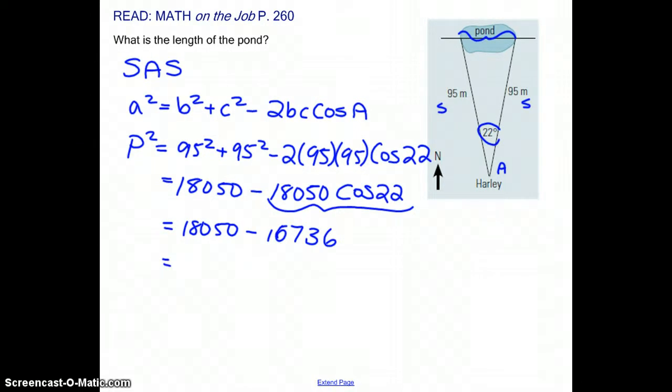After we subtract them, we get p squared equals 1,314, square root both. So the length of the lake is going to be 36.3 meters. Now you can check that that makes sense because here we have two larger angles across from a smaller angle, so the pond should be smaller than your other two side lengths.